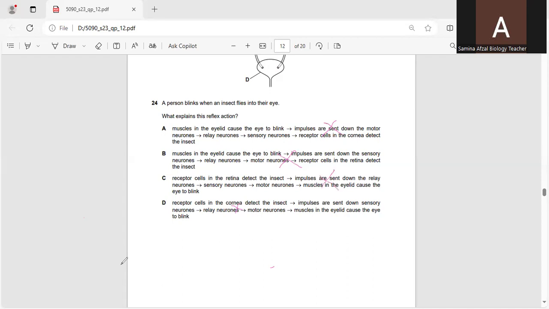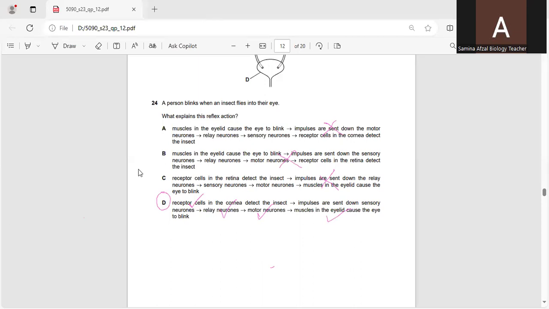No, again the sequence. Cornea detects an insect. Yes, receptor cells will detect the insect. Impulses are sent down the sensory neuron, relay neuron, motor neuron, muscles in the eyelid cause the eye to blink. The correct sequence is only in D. Only D is the correct option.